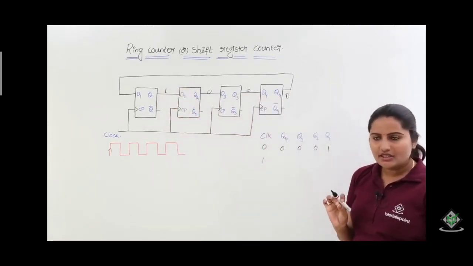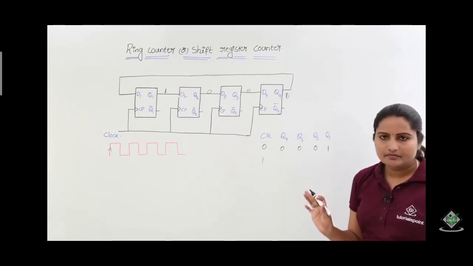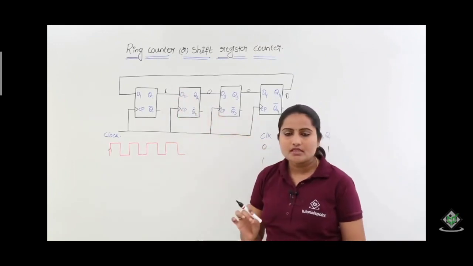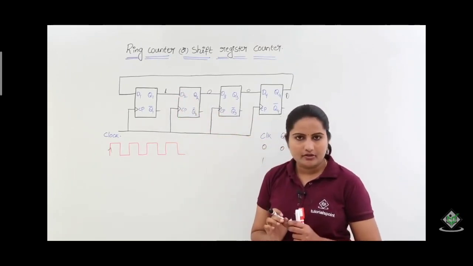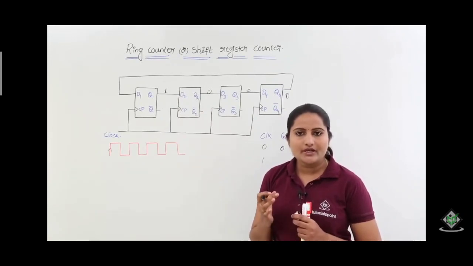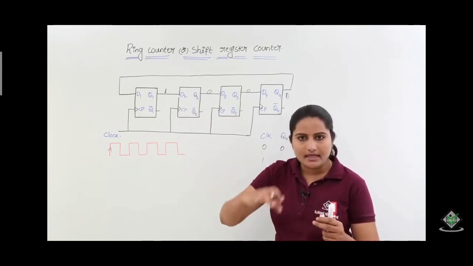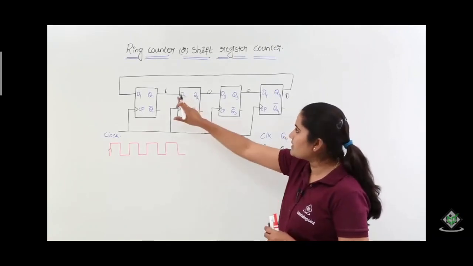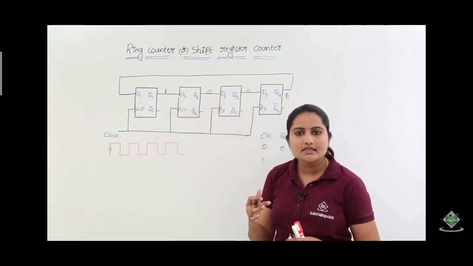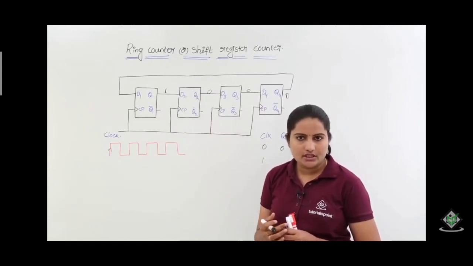These are the initial contents of your data. 0001, at Q1 you have 1. This is the initial content of your counter. Then you need to count. How many states are required to get the same state? That means to get the same 1000 like this, how many states it needs to pass, that you need to check.